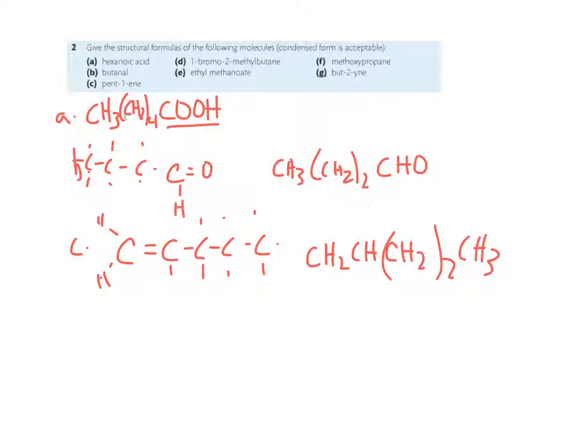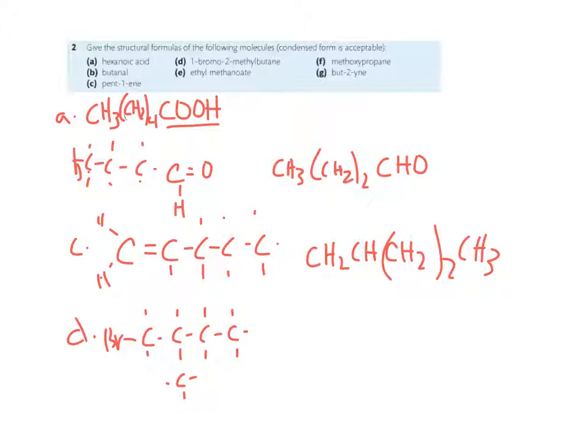Letter D, I have 1-bromo-2-methylbutane. So the butane means I have 4 carbons as a backbone. 2-methyl means there's a CH3 group hanging off of here, or a methyl group, and 1-bromo means I have a bromine there, and then 2 hydrogens. So if I look, this would need another hydrogen, 2 hydrogens, and 3 hydrogens.